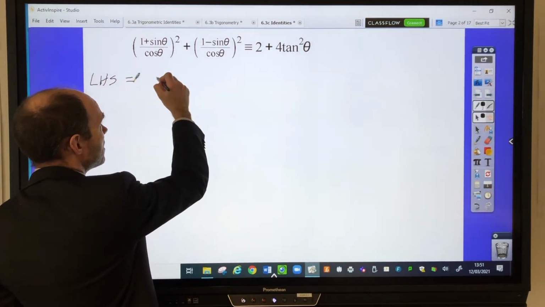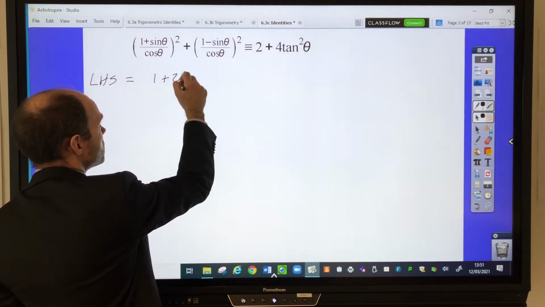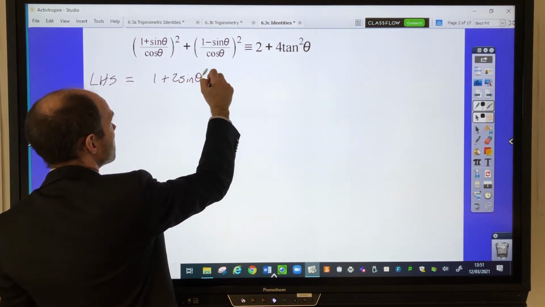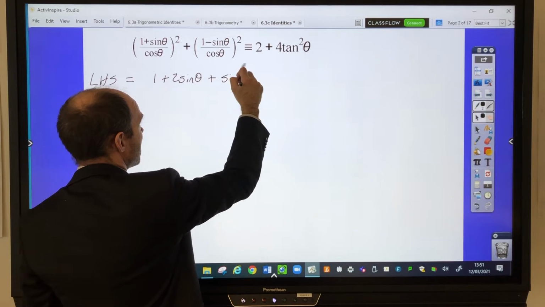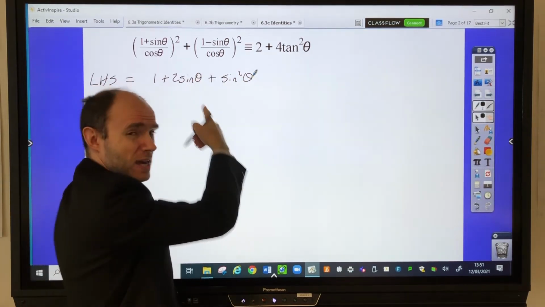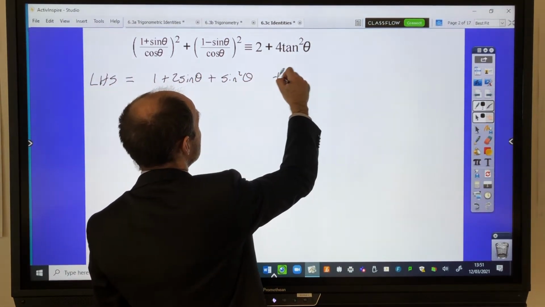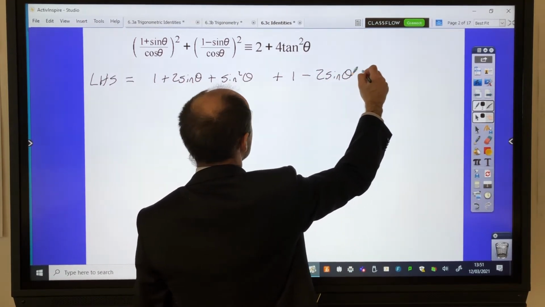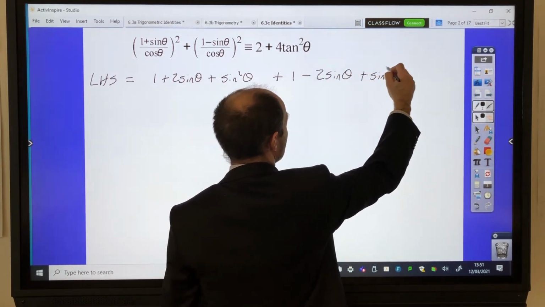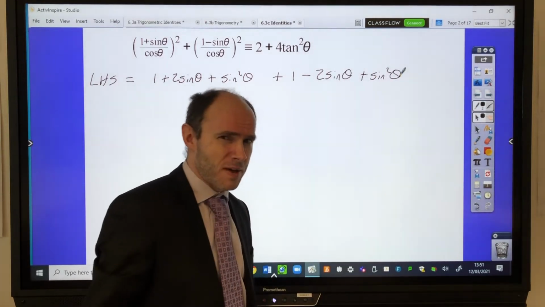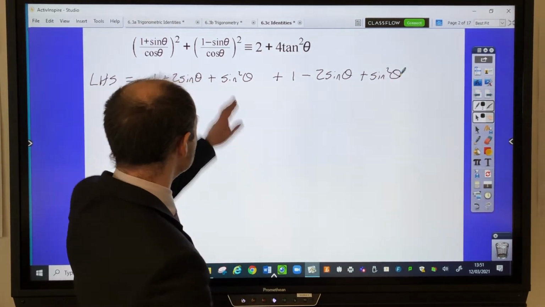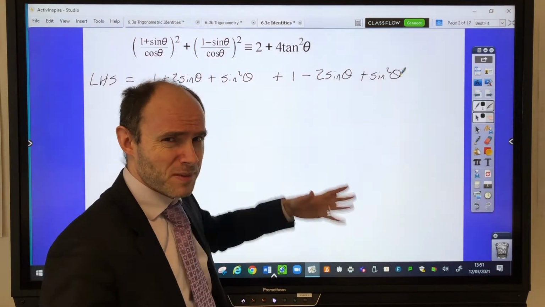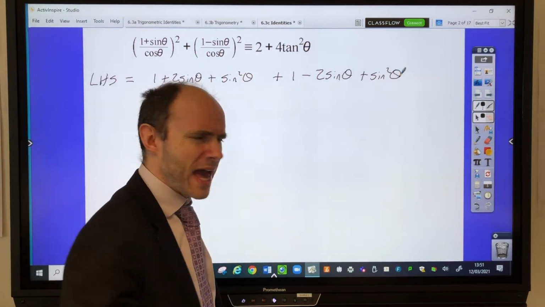So this one here will be 1 plus 2 sine theta plus sine squared theta. And this bracket here, when I expand it, that's going to be 1 subtract 2 sine theta plus sine squared theta. I've not forgotten about the denominators, no. But what I've noticed is that the denominators are both the same, cosine theta, which is rather handy.